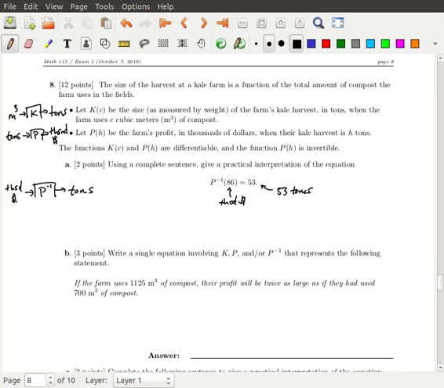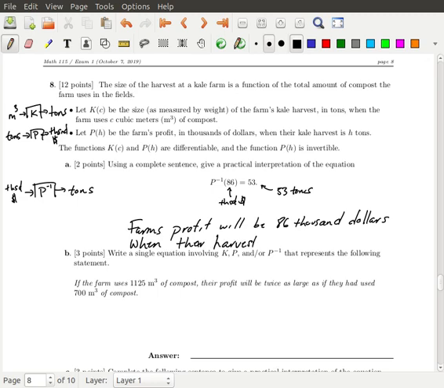So a sentence could be something like, the farm's profit will be $86,000 when their harvest is 53 tons.